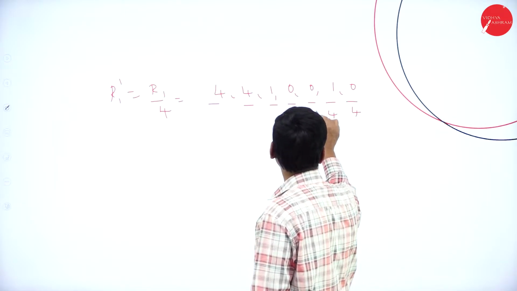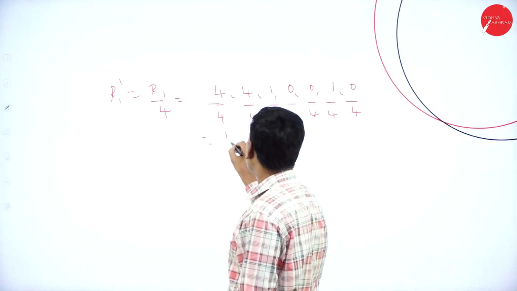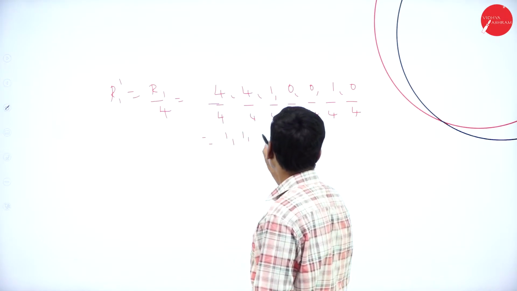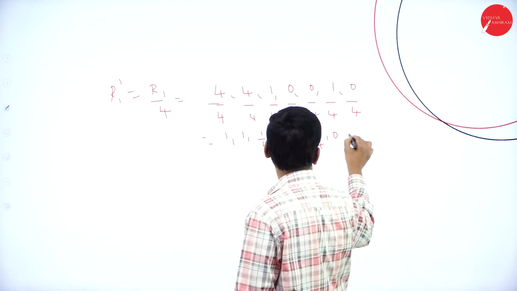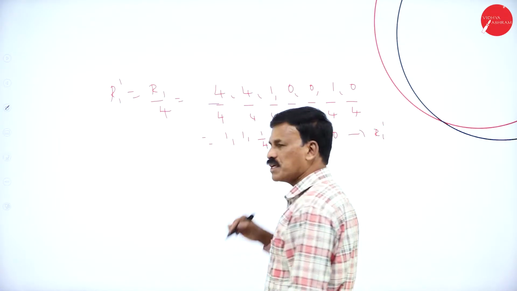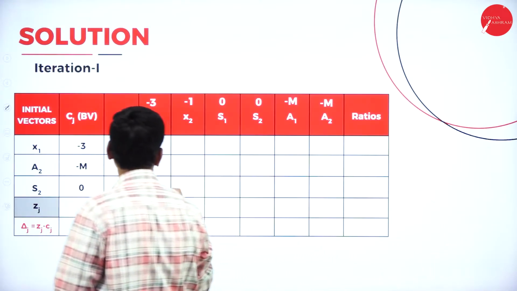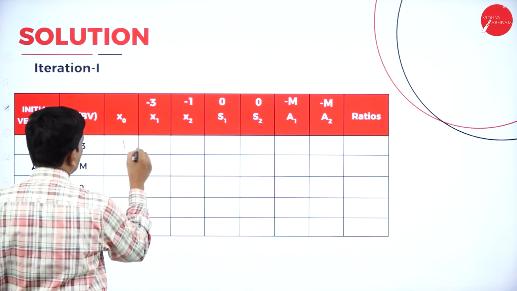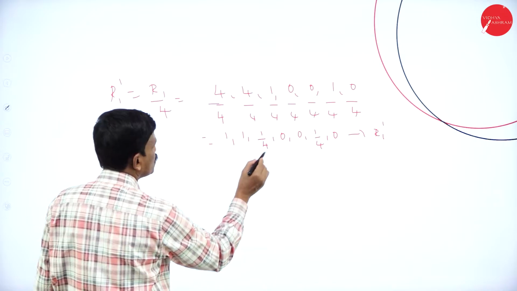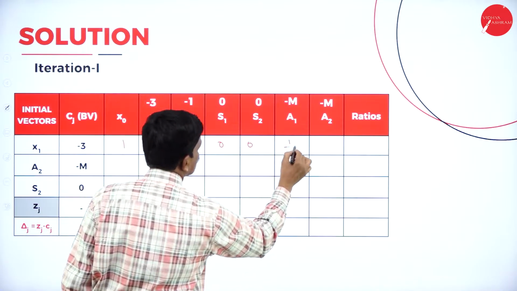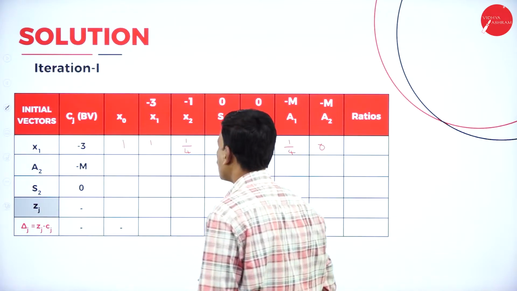So if you divide by 4, you are going to get a new row, that is R1 dash. 4 by 4 is 1, again 4 by 4 is 1, 1 by 4, 0, 0, 1 by 4 and 0. This is the new row R1 dash in the first iteration table. I will write here: 1, 1, 1 by 4, 1, 1, 1 by 4, 0, 0, 1 by 4, again it is 0. Okay, this is R1 dash.